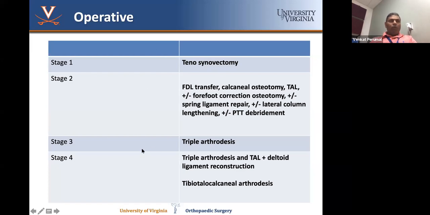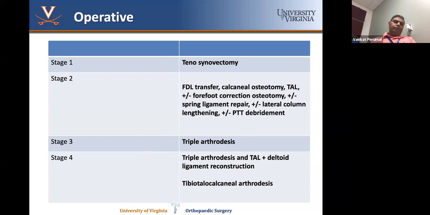Stage 3, where there is arthritis of the subtalar joint and the TN joint, it's always a triple arthrodesis. You have to fuse the subtalar joint, TN joint, as well as the CC joint. And in stage 4, where the ankle is involved, we have to do a tibio-talocalcaneal arthrodesis.